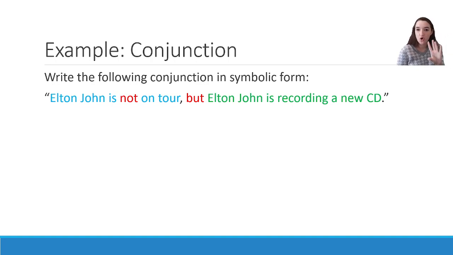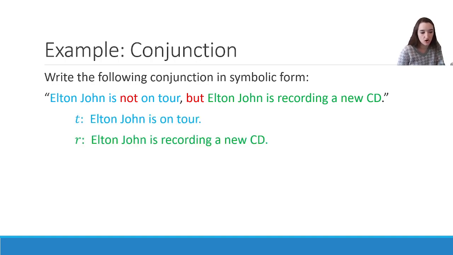P and Q are the default letters that we tend to use, like x and y in algebra, but it's entirely okay to use a letter that goes along with the sentences, just so you can remember which is which a little better. So here I'm going to use T and R. T is Elton John is on tour, and R is Elton John is recording a new CD. So T for tour, R for record, right?